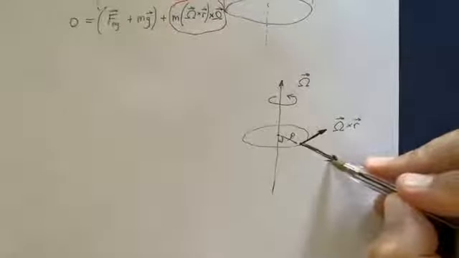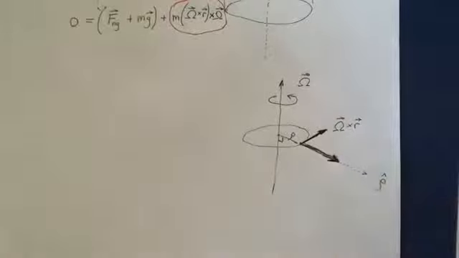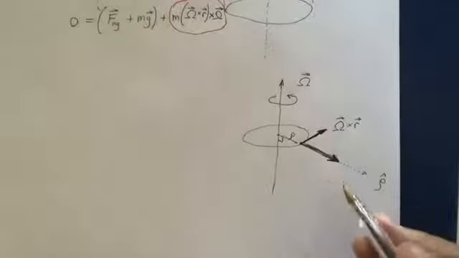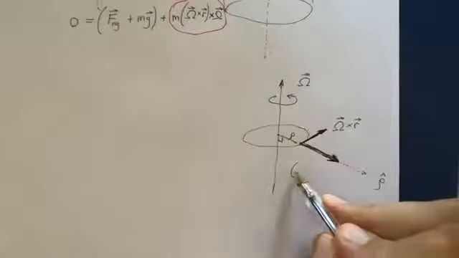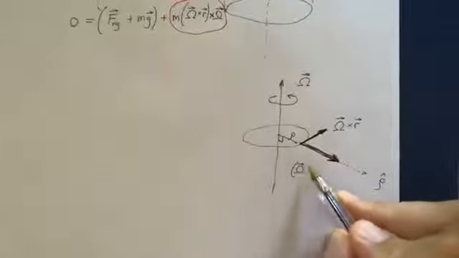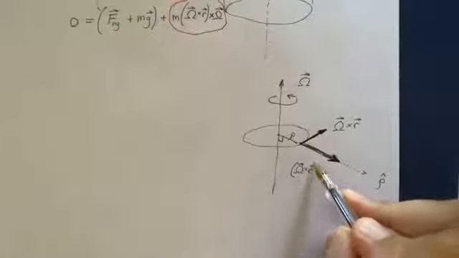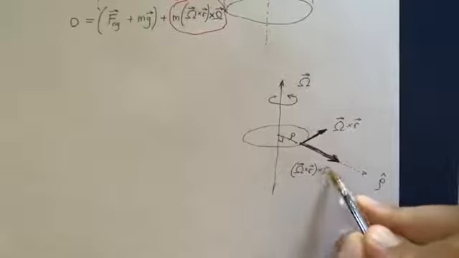This vector pointing radially away from the axis, this is the omega cross r cross omega.